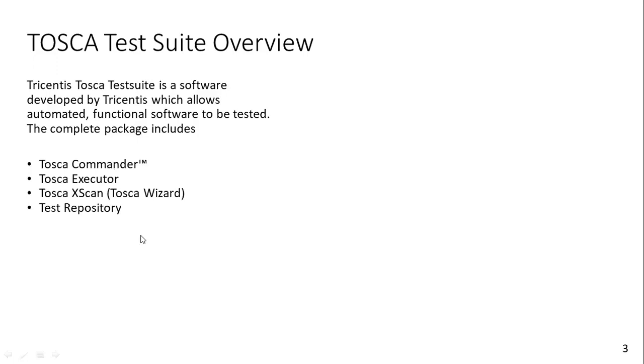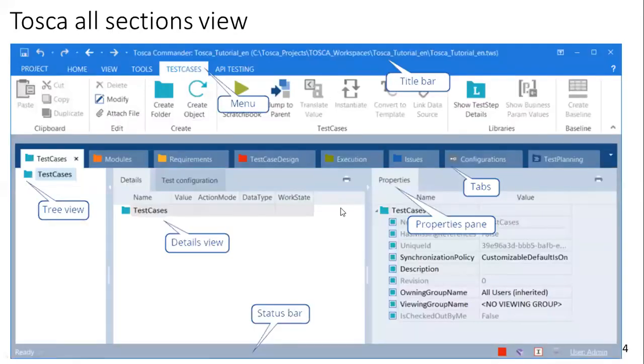Anything which you create in Tosca gets stored in the backend as a database entry. Generally, when you create a test object or a property or anything, that gets stored in the database.